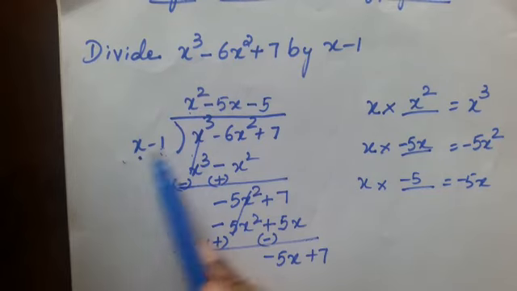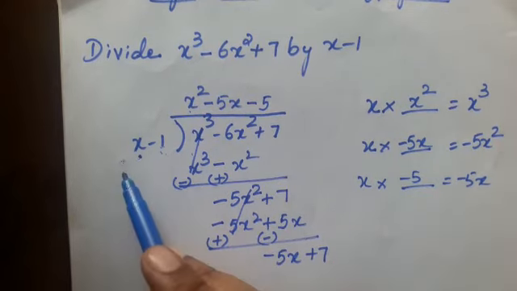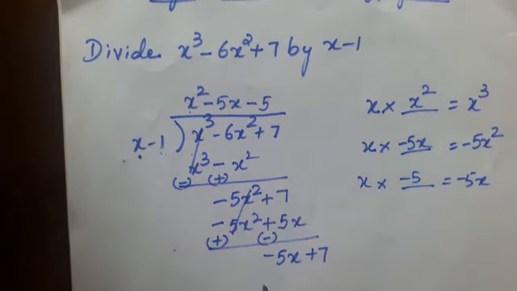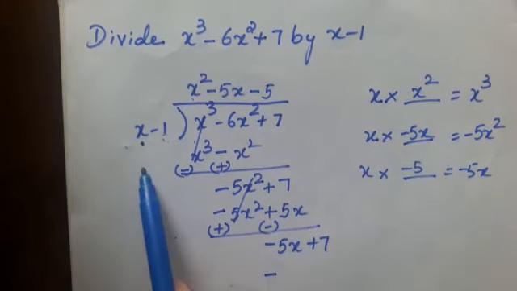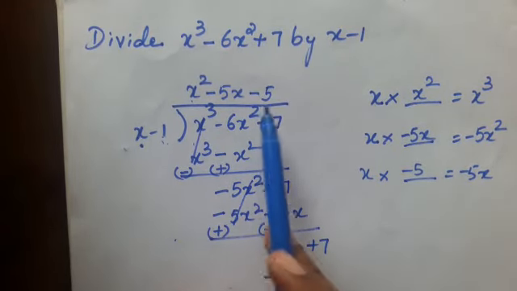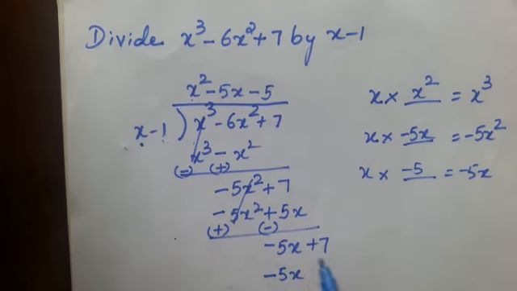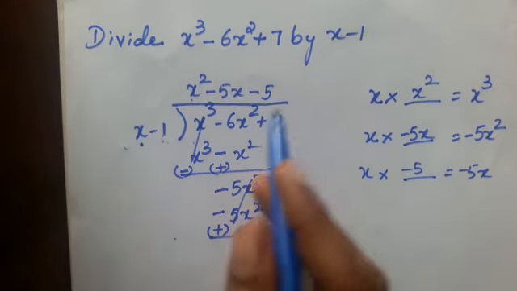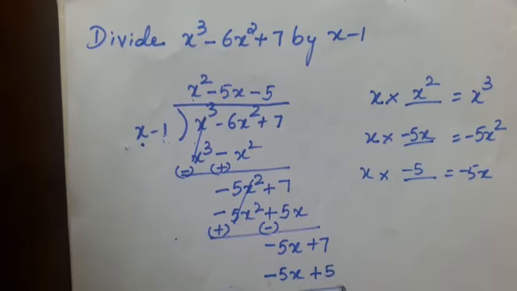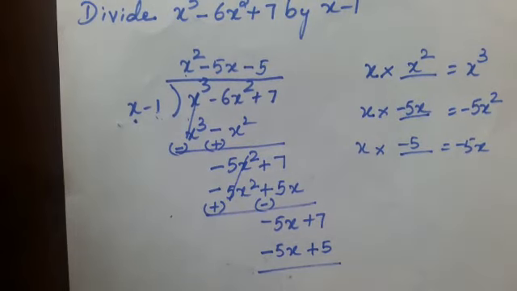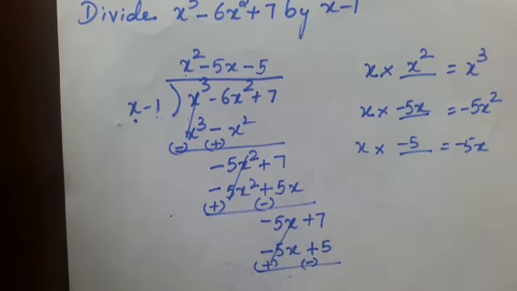Now again plus into minus, minus x into 5 is minus 5x, minus into minus is plus, 1 5s are 5. Now both are negative, so we have to change the sign again, here positive, here negative. Minus 5x and plus 5x get cancelled.